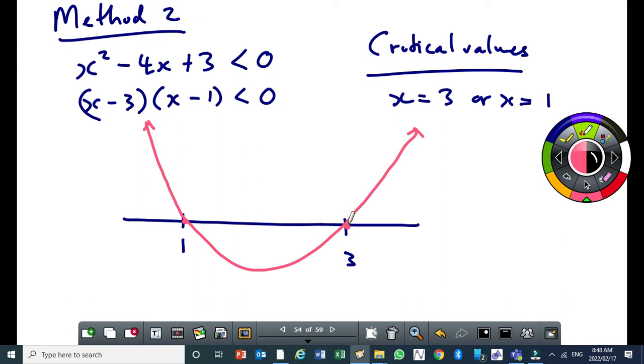Now, this quadratic polynomial is less than 0, which means y is less than 0. And y can only be less than 0 between this point all the way up to that point.